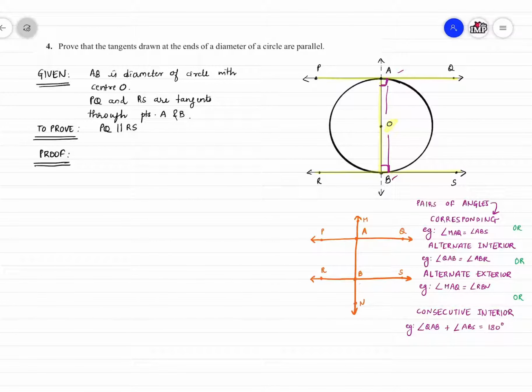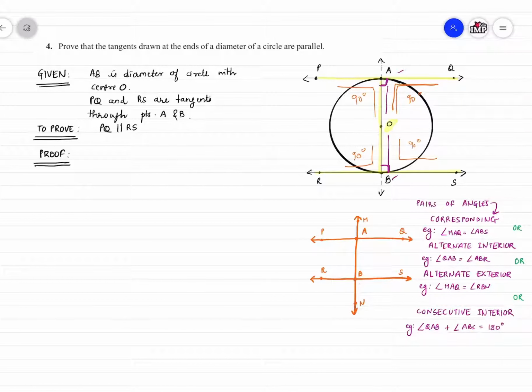And if OA is perpendicular to PQ, that means this angle OAQ is 90 degrees. Similarly, OAP is 90 degrees because OAQ and OAP are a linear pair of supplementary angles. And similarly, this is 90 and this I know is a 90 degree angle.